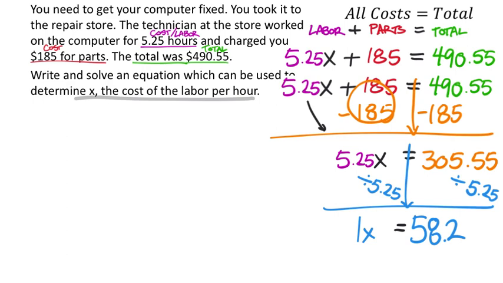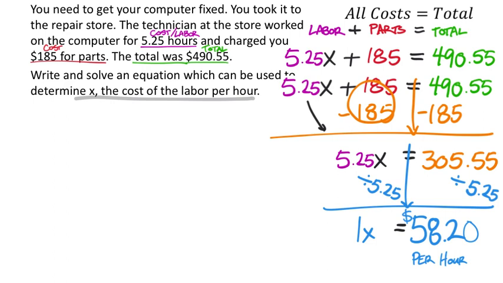But again, you'll notice that it's not how many hours that the technician worked. So you need to go back and just double check. Don't make the same mistake I did. X is the cost. So when you look at this, it's actually a dollar sign right there. So I'm going to show it as full dollars and cents right here, $58.20. And if you really wanted to be thorough, you'd write per hour. But I probably would never require that if you're doing this by hand.